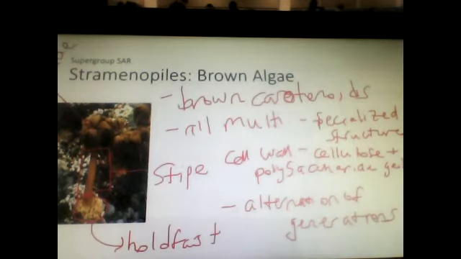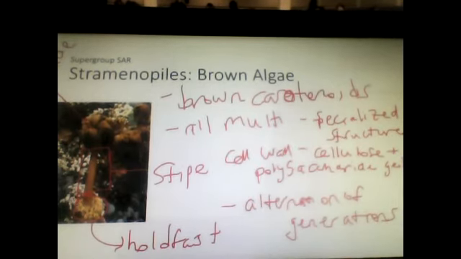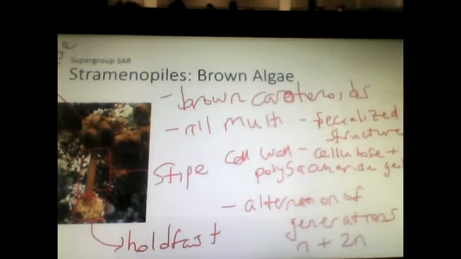So they have both, here's a little genetic stuff coming back to you, haploid, which we use the N for, and diploid, multicellular generations. So there's both haploid and diploid multicellular generations.